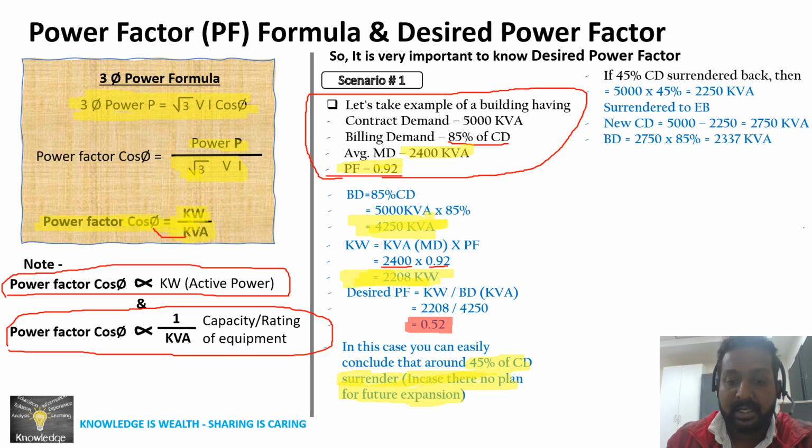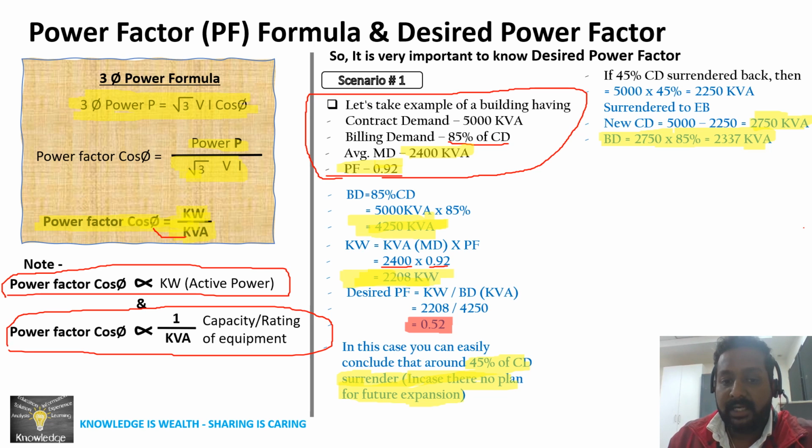So our new contract demand is 5000 kVA minus 2250 kVA, which is 2750 kVA. Our new billing demand is 85% of the new contract demand, so 2750 kVA into 0.85 is 2337 kVA.